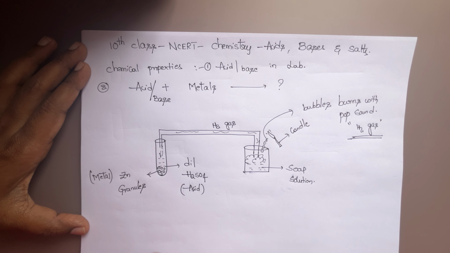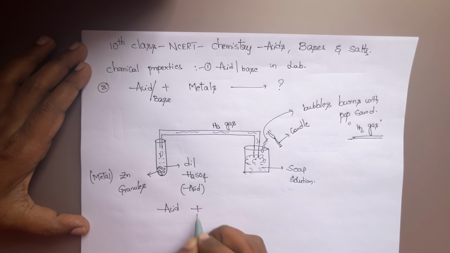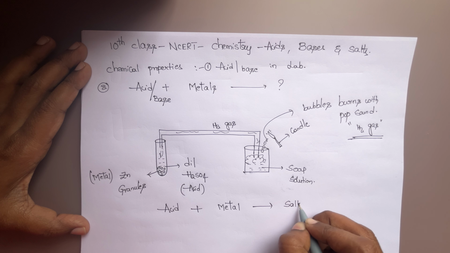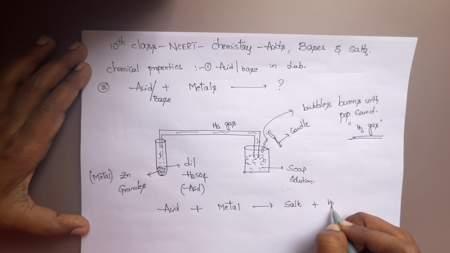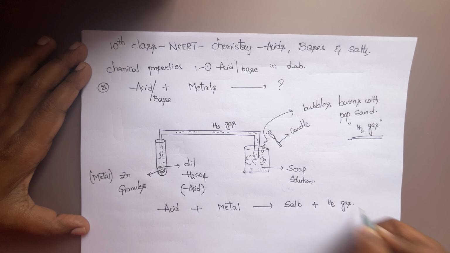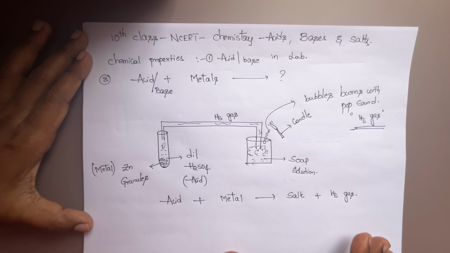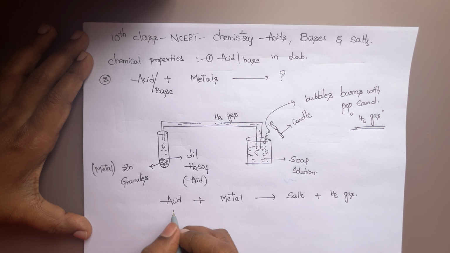In this, first of all, we have to know that if acid is reacting with metal, it produces salt plus, for sure, hydrogen gas. So this is about the experiment. Usually all acids do not react with all metals.